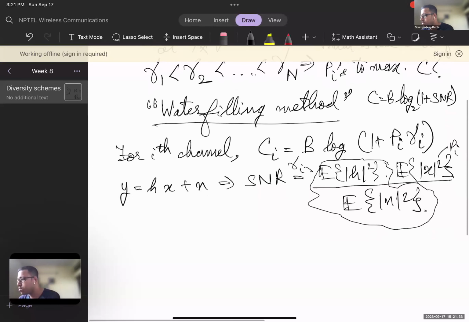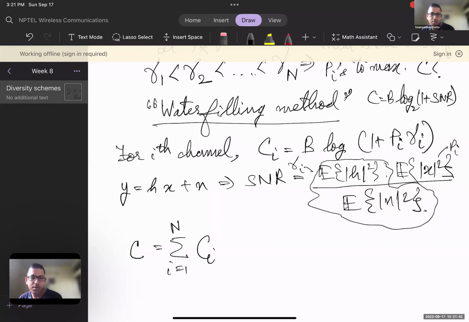And so the total capacity is nothing but summing over the capacity of all channels. These are all parallel channels. You are sending information in parallel to them. Let's assume they don't interfere with each other.